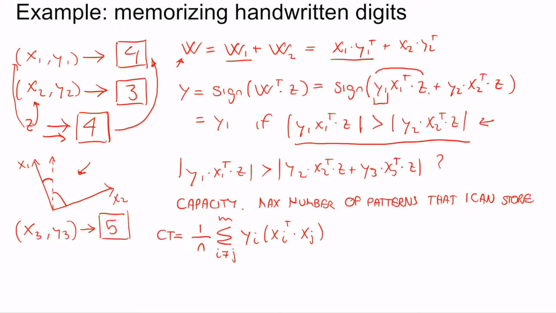One can show, by making a few assumptions, that if we call k the number of patterns, the number of memories that we want to store, then the size of my input, the size of x, which we call m, should be at least approximately equal to 0.18 times k, the number of memories that I want to store.